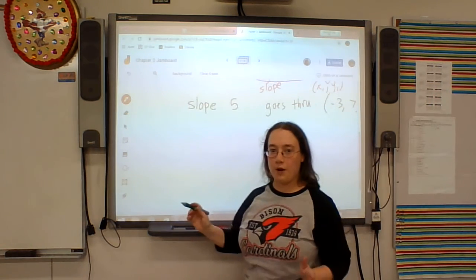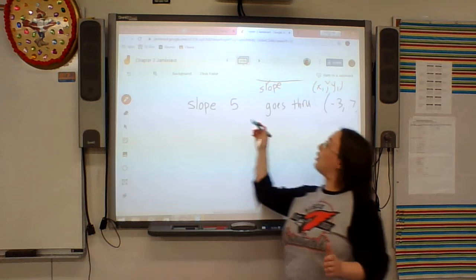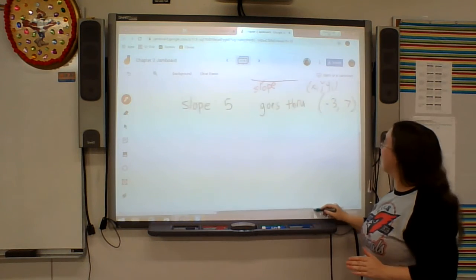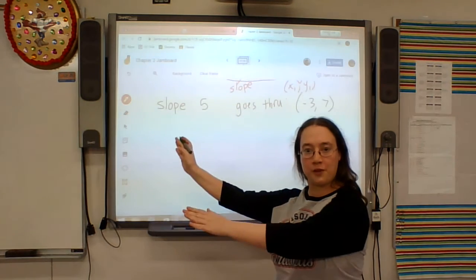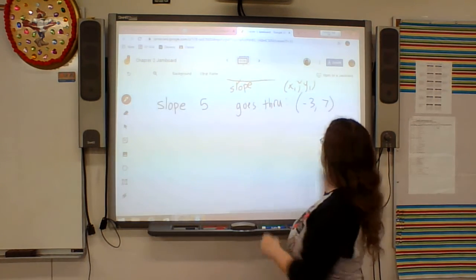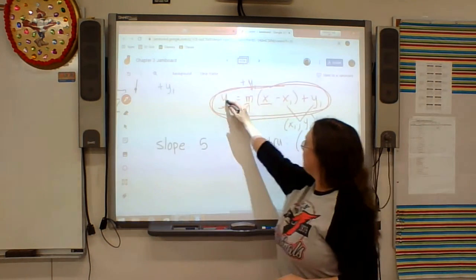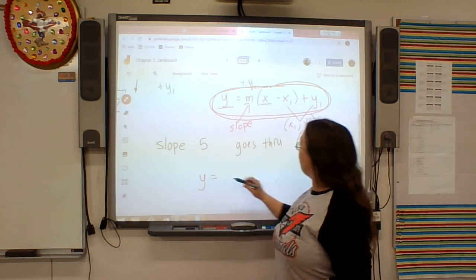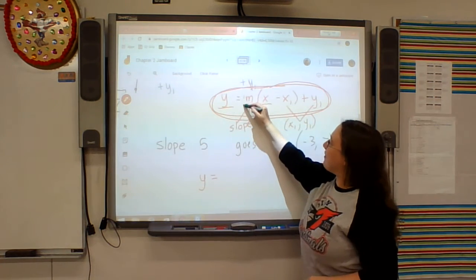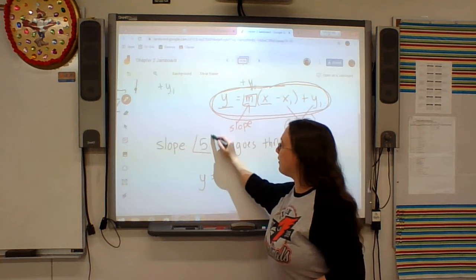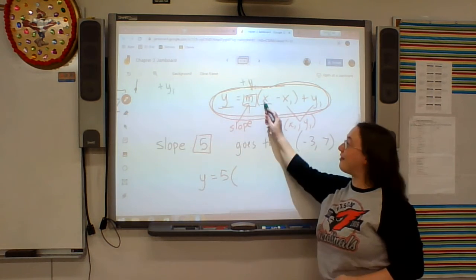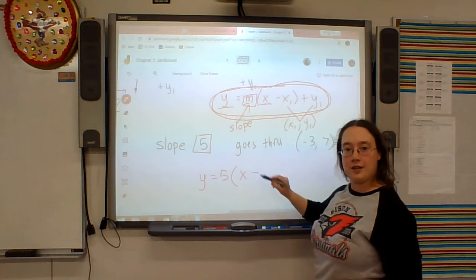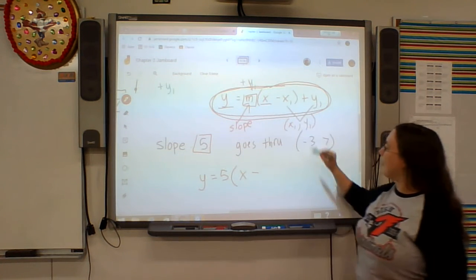Okay, so if we want something with a slope of 5 that goes through (-3, 7), instead of plugging things into slope-intercept form, we're going to plug them into that. So we've got y still equals m, that's still our slope, so our slope is 5, times this x stays an x, minus that x1.